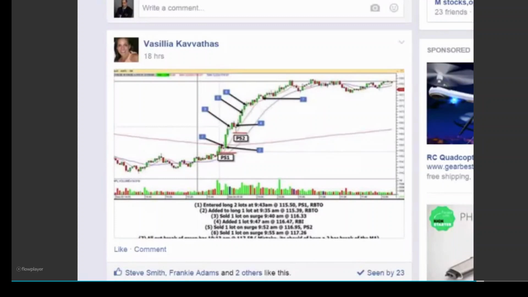Many of these same concepts, I told you they're universal in nature, right? So when you see, for instance, Vasily is one of my micro trading mentorees, right?